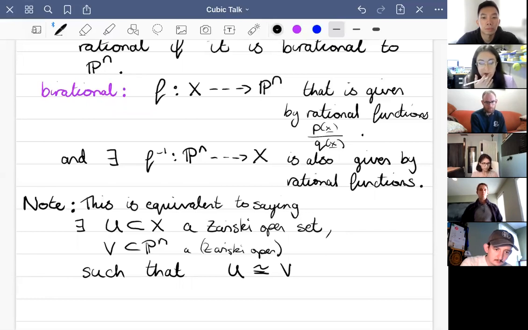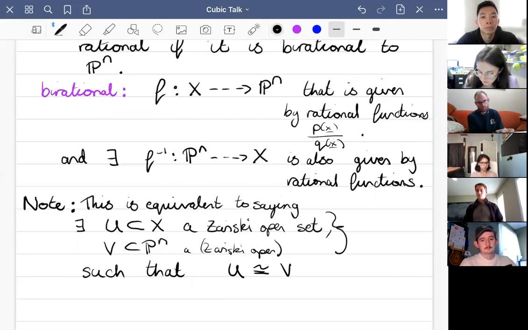If you don't remember what Zariski open sets are, that's okay, but the key thing to say here is that Zariski open sets are dense.